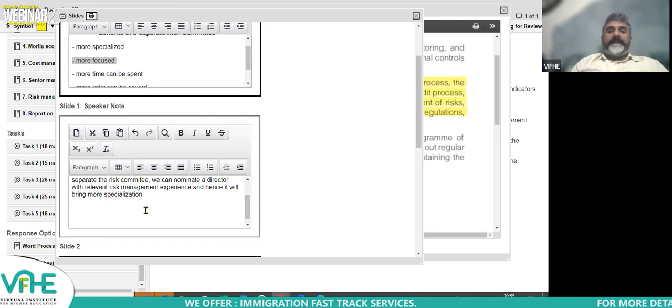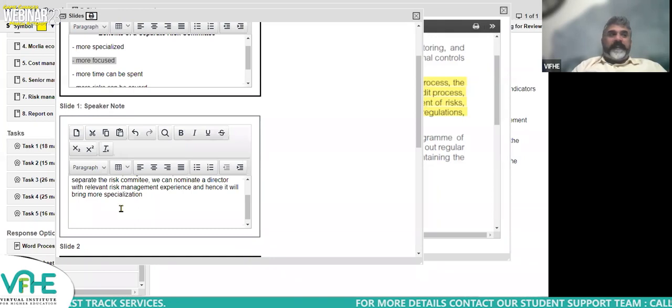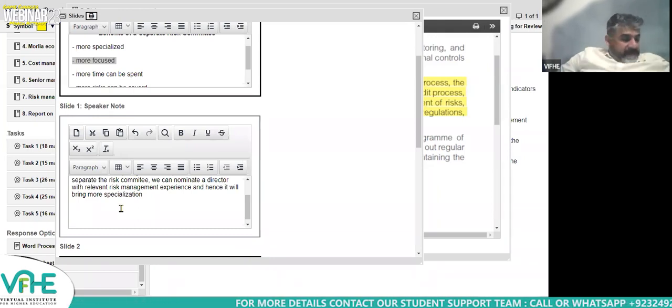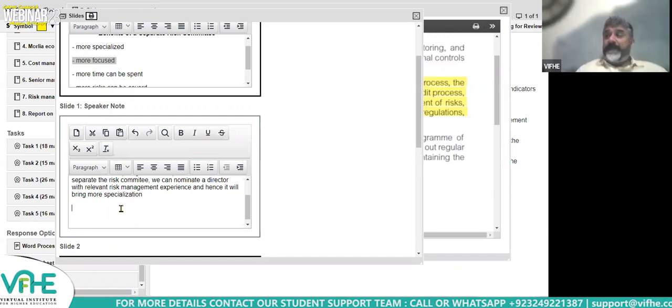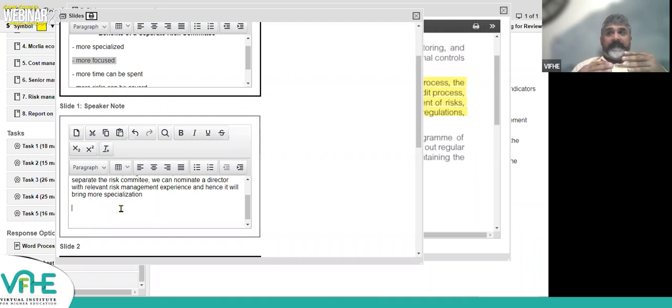I would just say that currently the scope or the terms of reference of audit and risk committee is quite extensive, and they might not be able to focus a lot on risk management functions. This is a statement of fact. I repeat, currently the scope or the terms of reference of the audit and risk committee is quite significant or comprehensive.